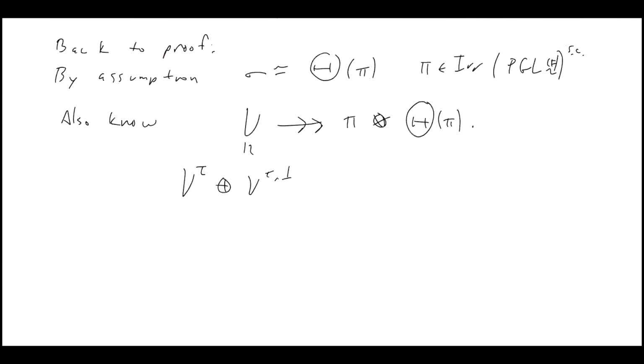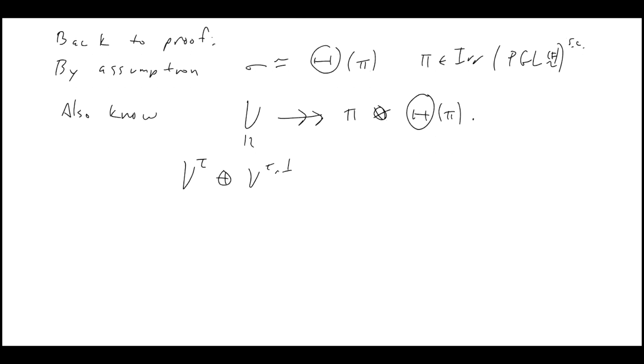Let me tell you what these two subspaces are. This first one is the pi isotypic subspace. This other piece is just the canonical complement.